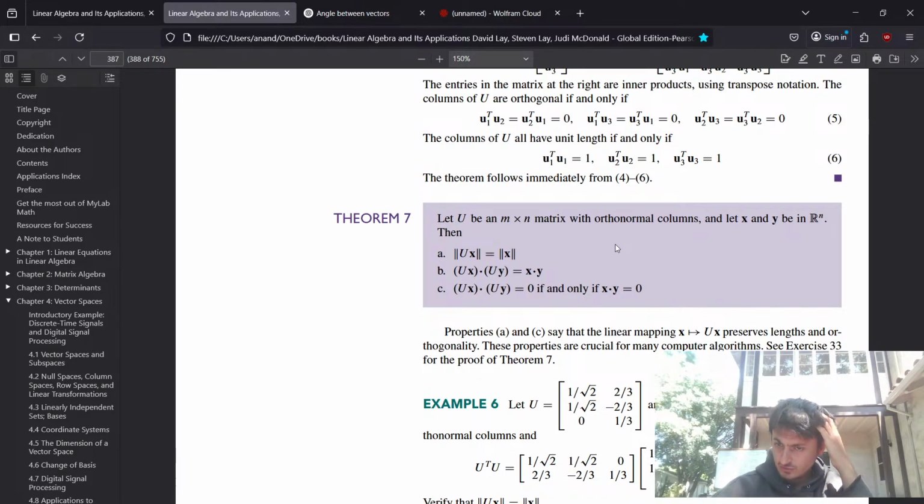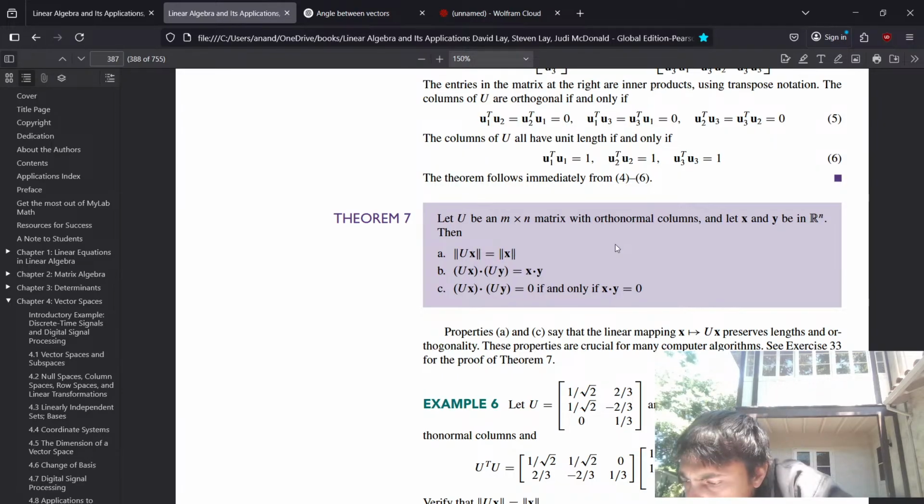Prove that U is an m by n matrix with orthonormal columns. B: that Ux dot Uy is equal to x dot y.